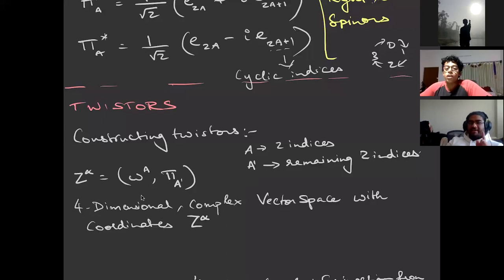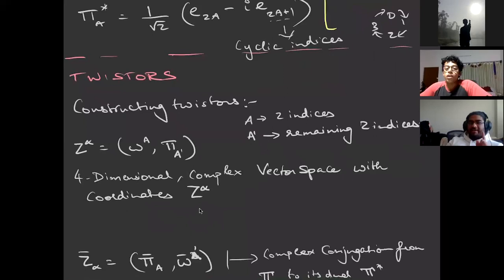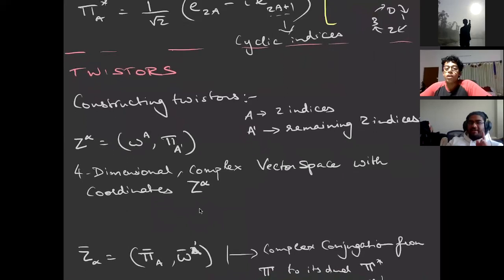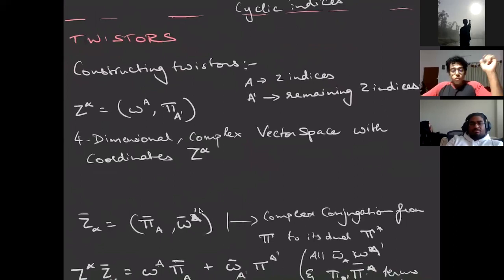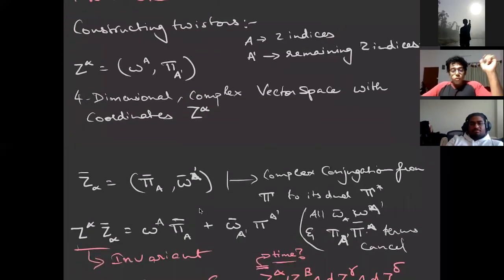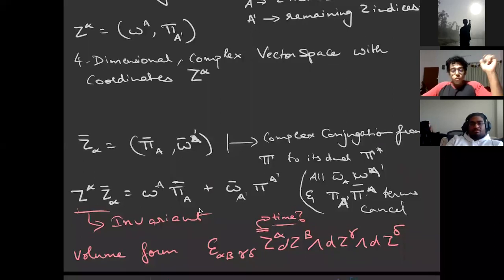So one thing is that it is four-dimensional. You can define these twistors by the coordinates Z alpha, right? And for a twistor, you can define a complex conjugate as well, as below.